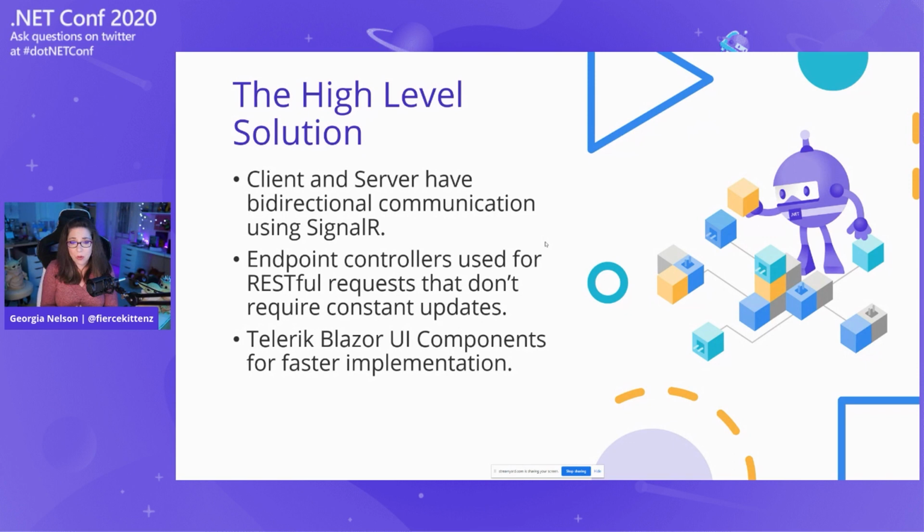The endpoint controllers are mostly used for things like uploading files or doing a cursory check against the data to make sure I can actually do the thing I want to do, like editing something, so there are no data clashes.